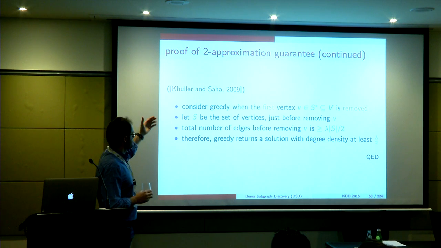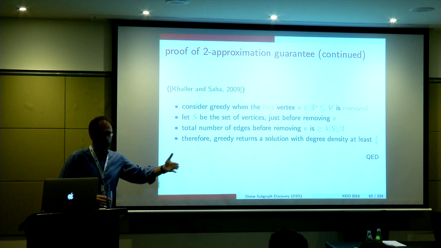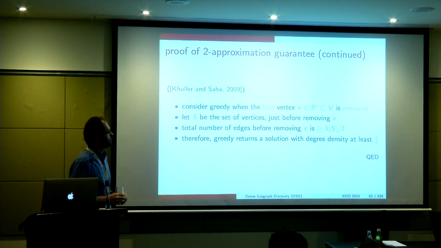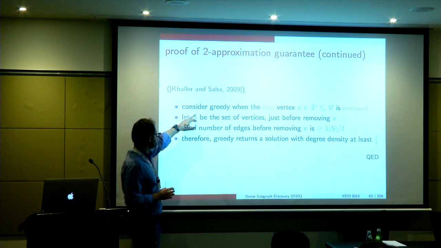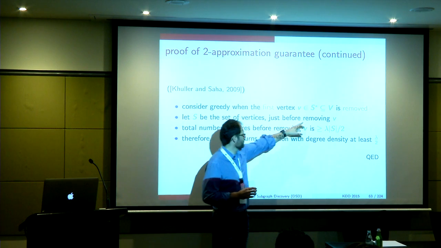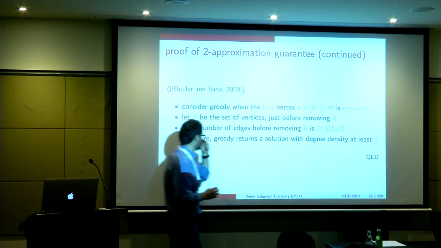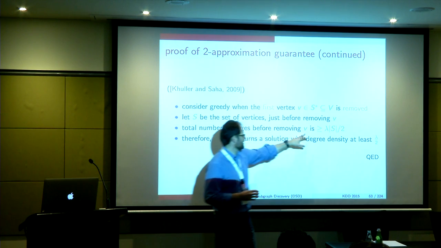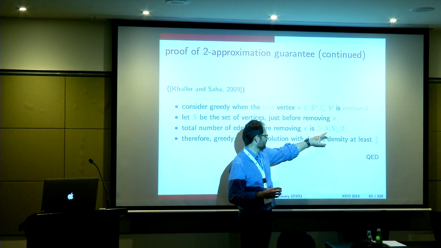Now consider the greedy that I just showed you, right? So you remove the minimum degree vertex until you're left with the empty graph. So now look at the set that the algorithm has just before removing the first vertex from the optimal solution. So the total number of edges is at least this much, right? Why?